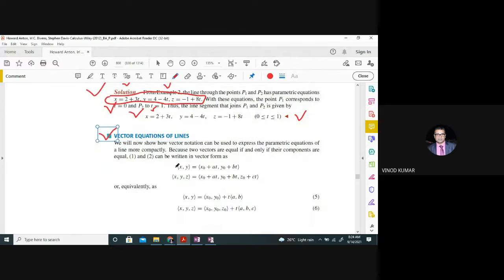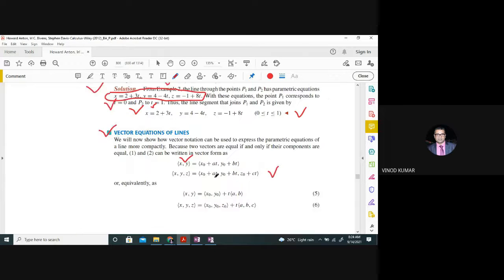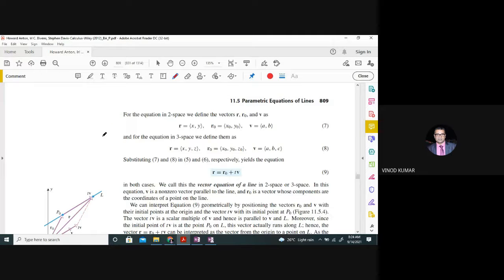See, if your vector is of such a form in 2 space and a vector in this form in 3 space, this may be written as this, or this may be written as this. Okay, so this means equation 2 has the form where R is this and R naught is this and V is this. From equation 3, R is this, R naught is this and V is this.